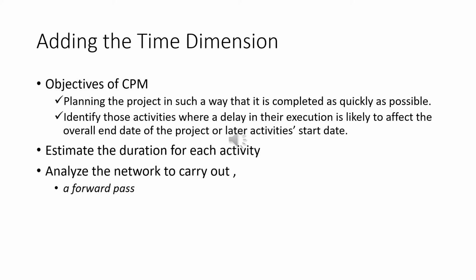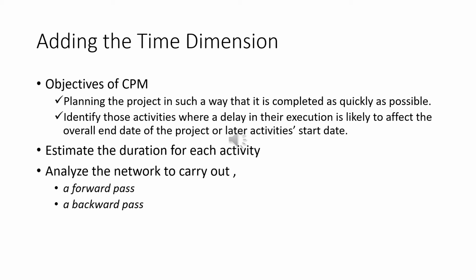So it is to calculate the earliest date on which each event may be achieved and the earliest date on which each activity may be started and completed. The earliest date for an event is the earliest date by which all activities upon which it depends can be completed. Then to carry out a backward pass.